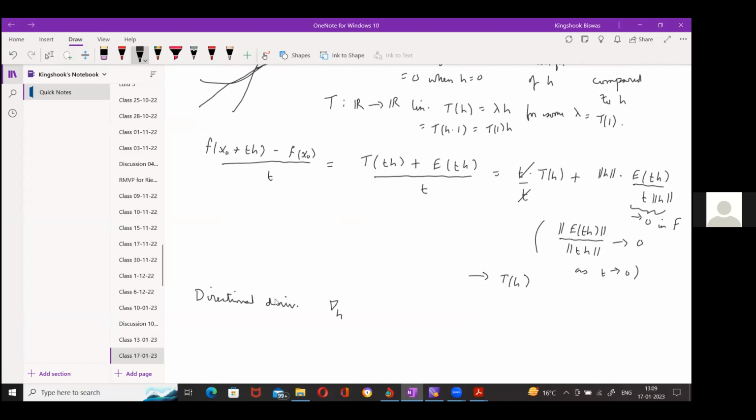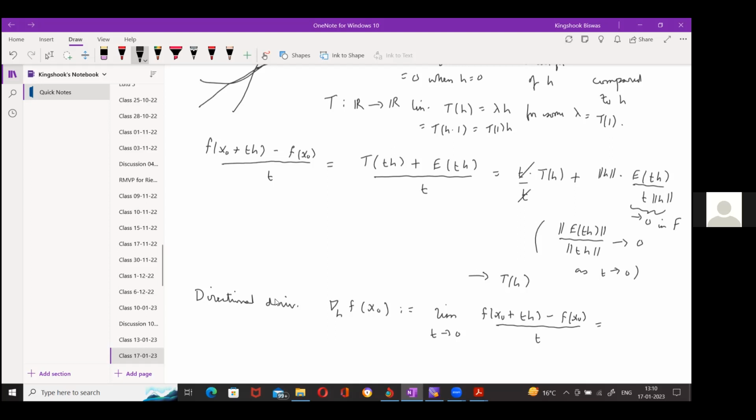nabla sub h of f at x naught, is the limit as t tends to 0 of f of x naught plus th minus f of x naught, divided by t.